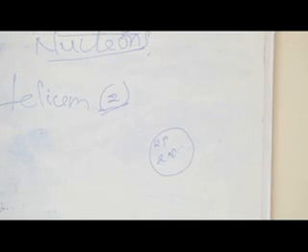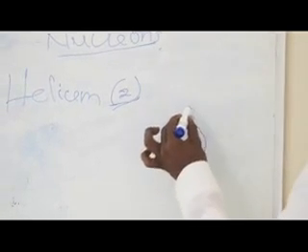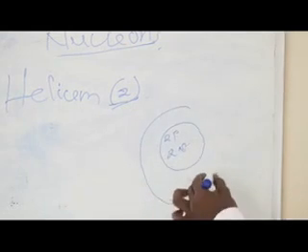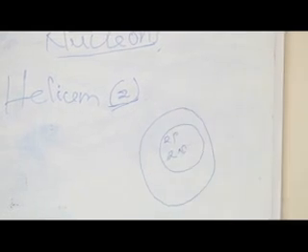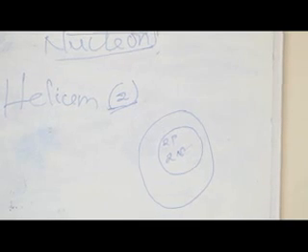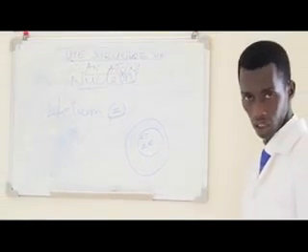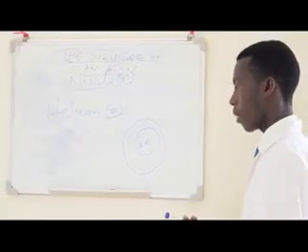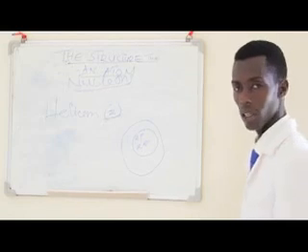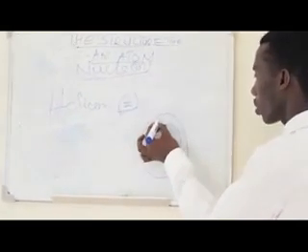Then around the nucleus, as we have said, we have another bigger region known as an energy level. On the energy level we have other negatively charged subatomic particles known as electrons. Since the number of protons is equal to the number of electrons, helium has 2 electrons on the energy level.